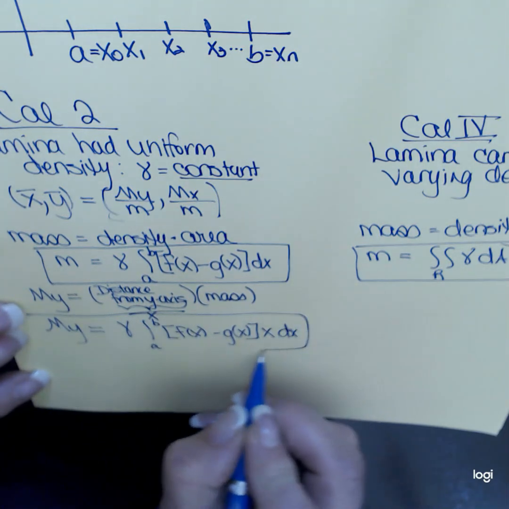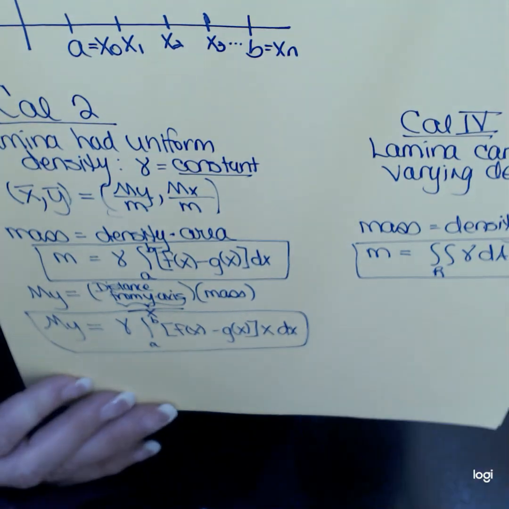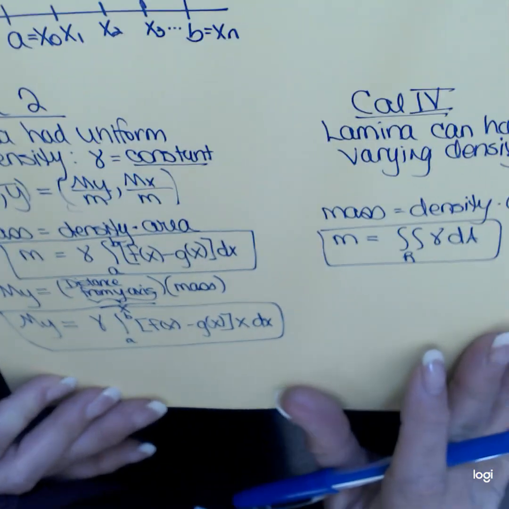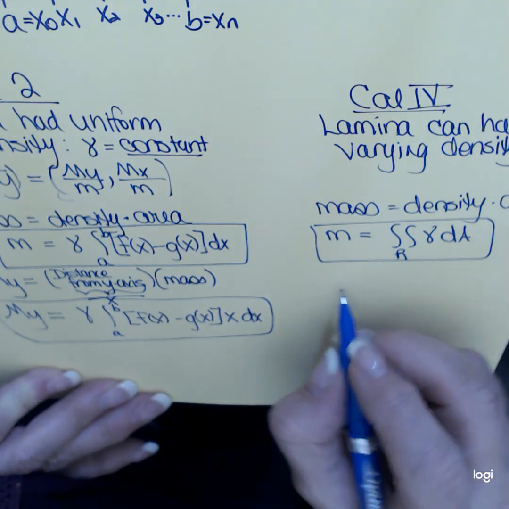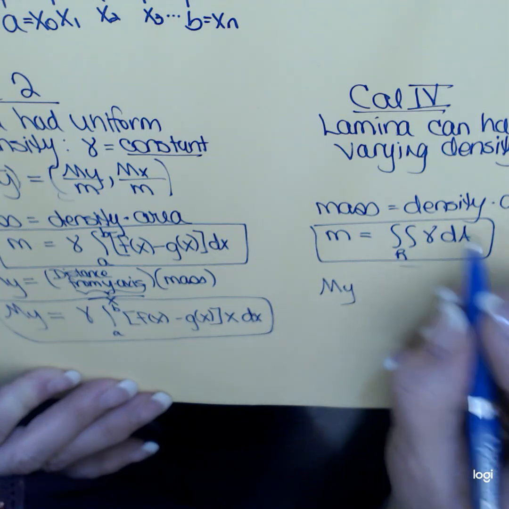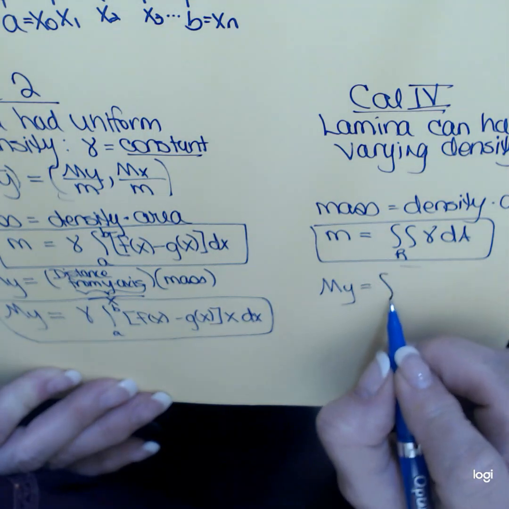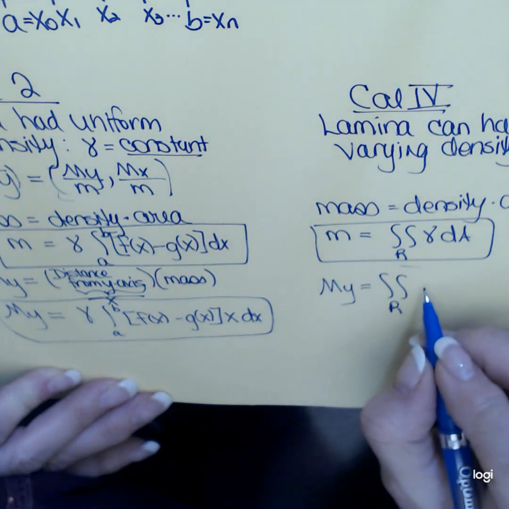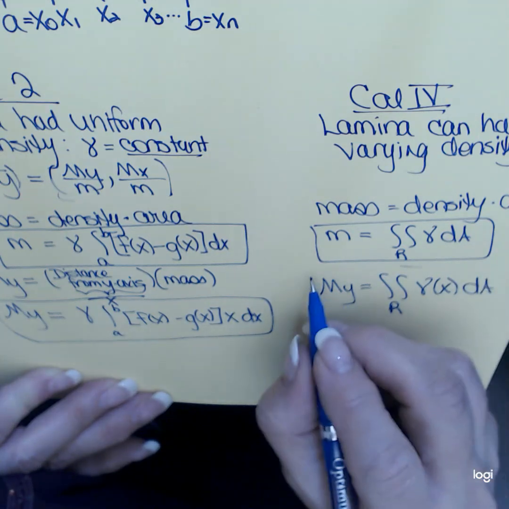Again, the reason for that is we just needed to multiply this by the distance we were located away from the y-axis. Well, that same thought process is going to hold true in Cal 4. That is, the moment about the y-axis is going to look like mass times x. So this is going to be the double integral over our region of lambda times x dA.